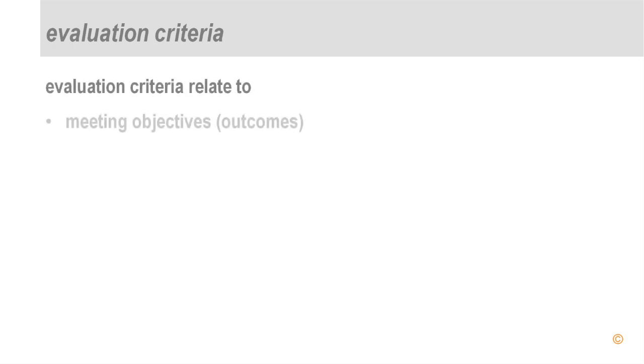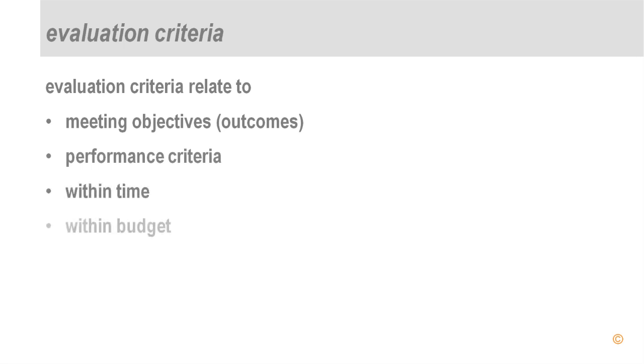The evaluation criteria will have been part of the ideal design, the governance part of it, and will relate to meeting objectives, performance criteria, that means how the system achieves its objectives. Then they will relate to meeting time requirements and budgets, and also return on investment if this was part of the design.